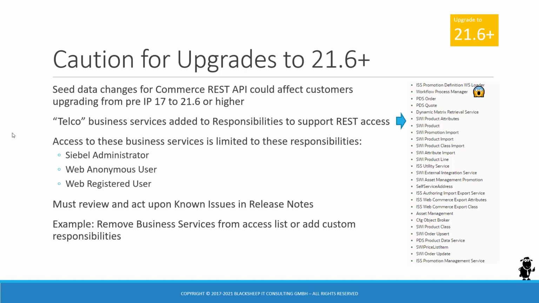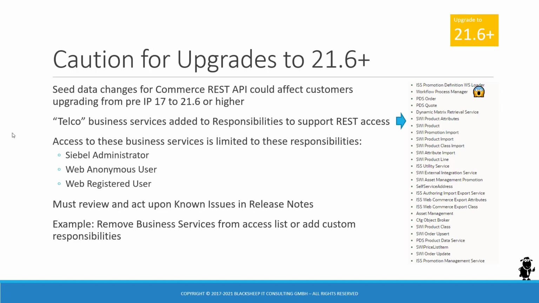And the seed data, according to the release notes, the seed data included when you do an upgrade to 21.6 and higher. An upgrade is when you upgrade from pre-IP17 to 21.6 or higher. This is not an update, it's an upgrade we're talking about. So then the seed data will include these changes, obviously.